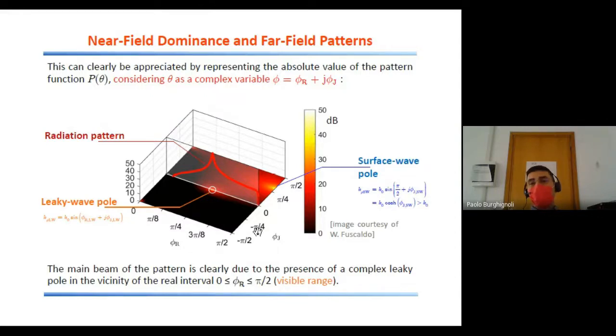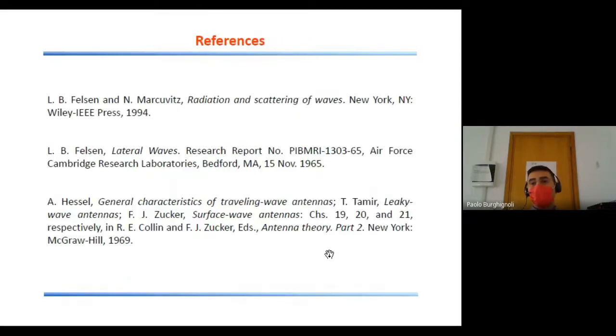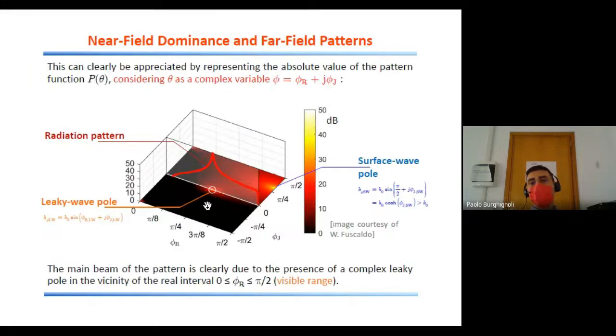That is, the way to obtain very directive leaky wave antennas is to have a leaky pole with a very small imaginary part. However, you will need a very large antenna, because if the wave propagates with a small attenuation and you wish to radiate most of its power, you will need a very long aperture so that the wave has lost most of its power when it reaches the end of the waveguide.